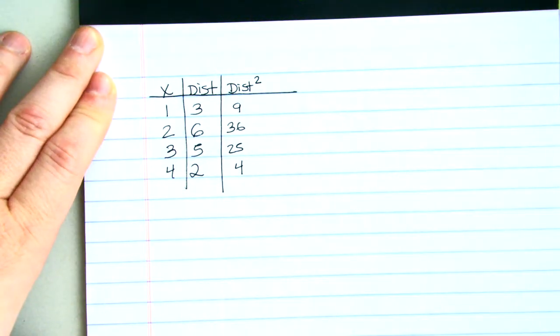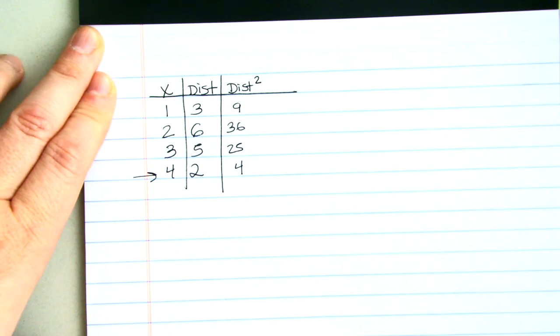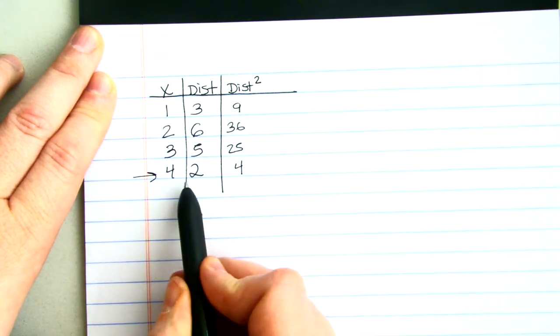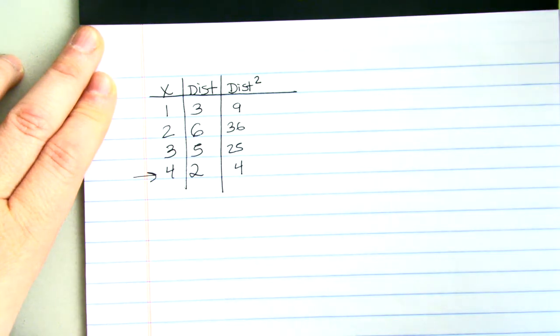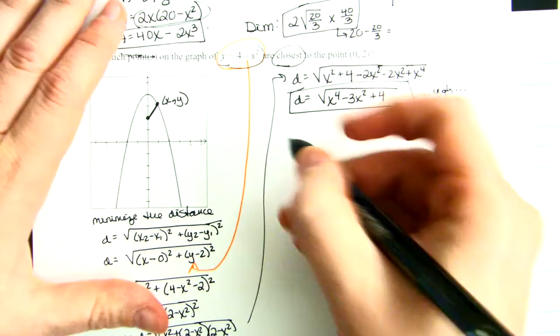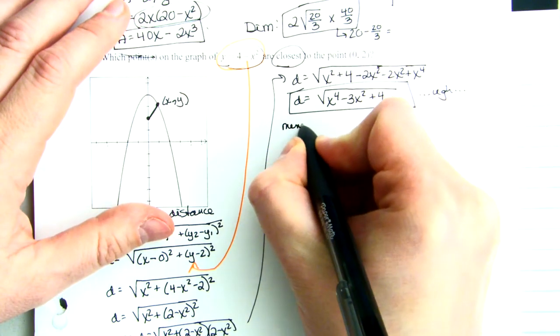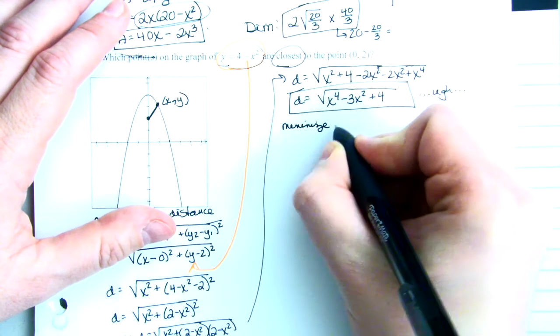At what x value is my distance squared the smallest? It's still at x equals 4. What I can do is minimize the distance squared instead, because that's just going to be a nicer formula to work with, and I'm not going to have to worry about dealing with that ugly square root and stuff like that. So our trick is going to be minimize the distance squared.